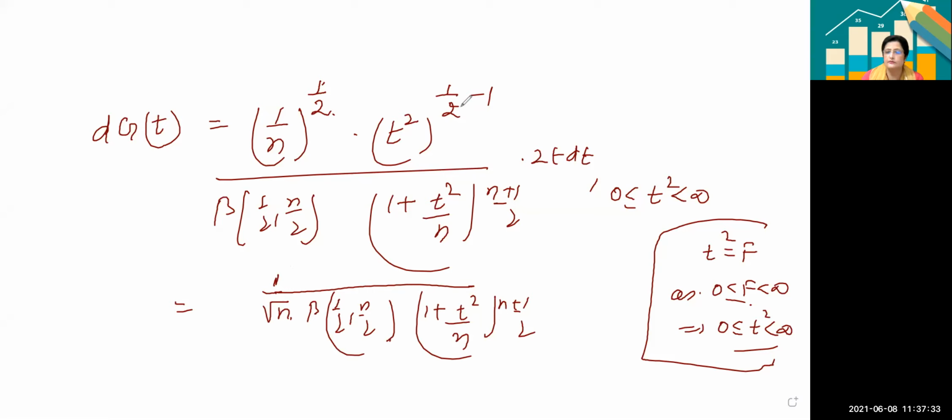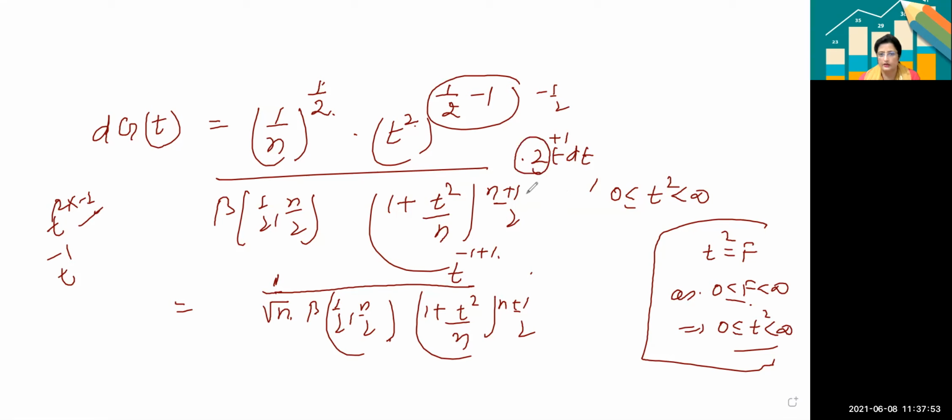So this becomes minus 1 by 2. When you solve this, it is minus 1 by 2, so T square into minus 1 by 2 is T raised to power minus 1. Here plus 1 is there, which means the T term, so you can write over there, you have got minus 1 plus 1. Now this 2, we have to make it disappear. I will state the reason below why.